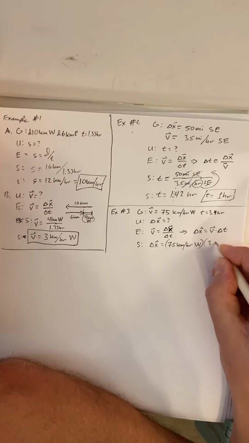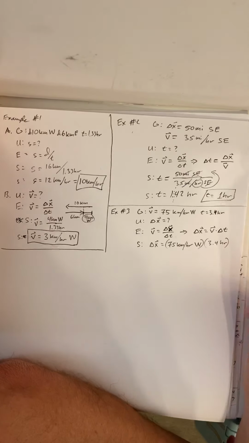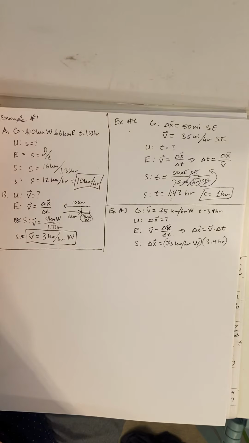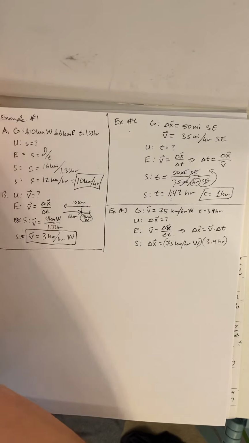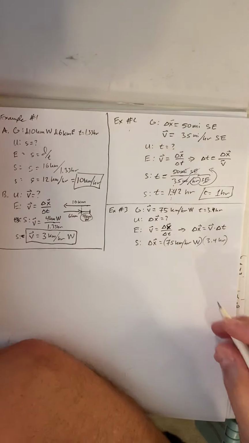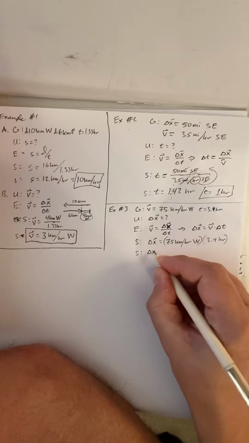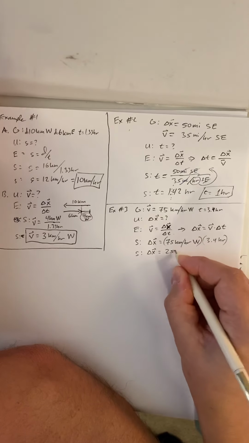So remember, parentheses indicate multiplication. So here we go. I got to multiply these numbers. So 75, I can't do this in my head, times 3.4 is 255. Woo.